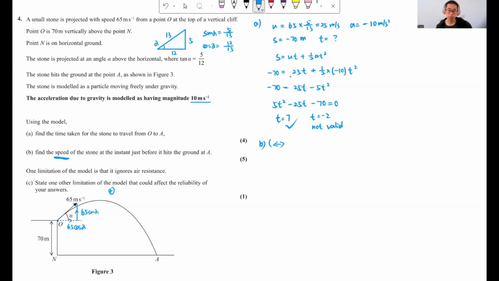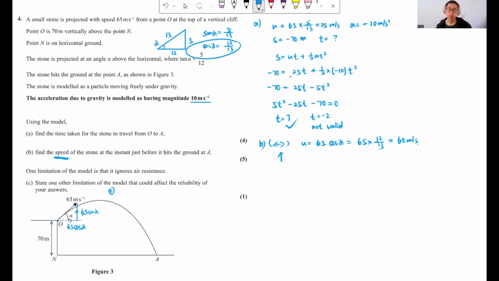So u is 65 cos alpha, and cos alpha is 12 over 13, which we already got before. So 65 times 12 over 13 is 60 meters per second. That's the horizontal velocity at point A, because it never changes.